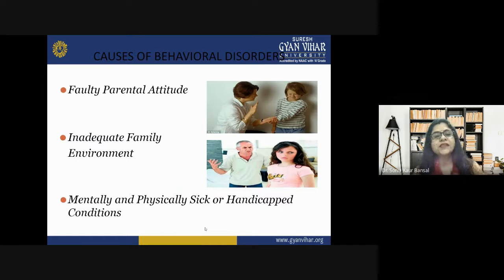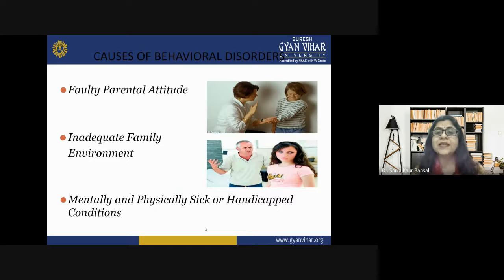Then secondly, we can say inadequate family environment. Yes, this is very important to understand that the family environment affects the whole personality of the child. How do both parents behave with each other? Are they fighting, are they living lovingly with each other? The child is observant at this time, and the child is observing everything.